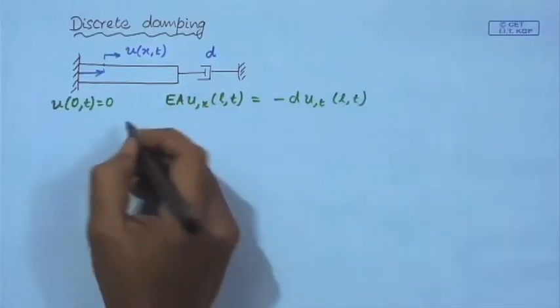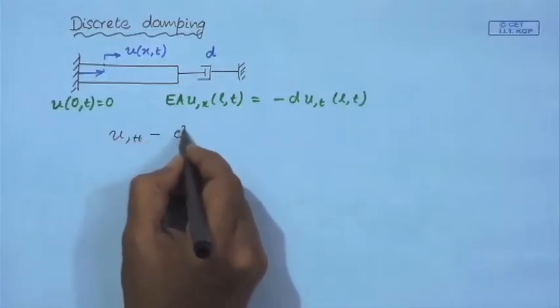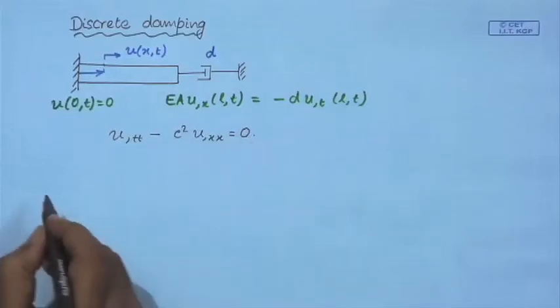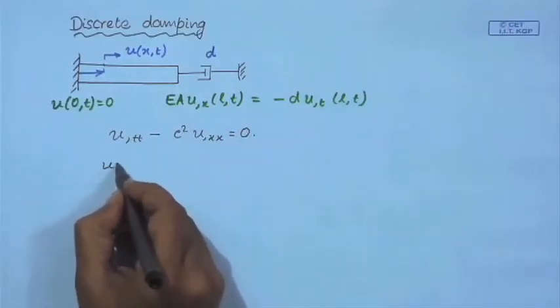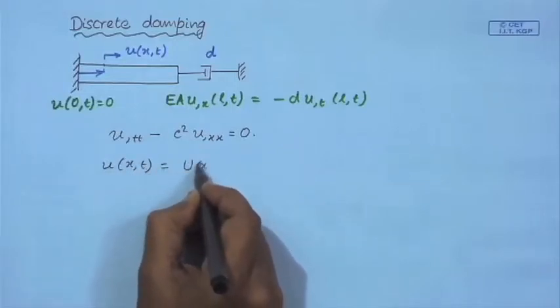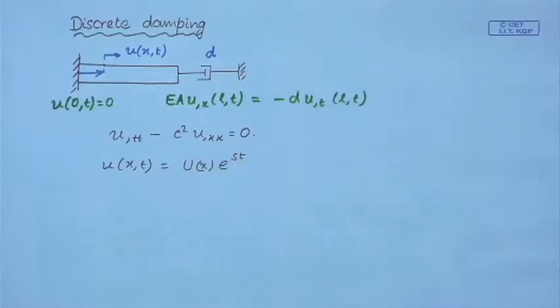The equation of motion is like this. Let us search a solution of the form like this.